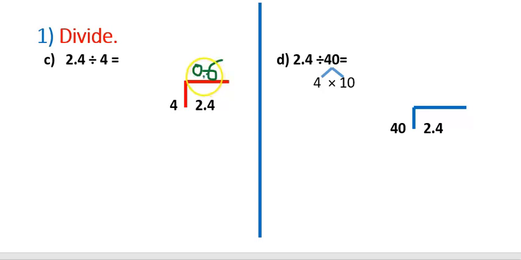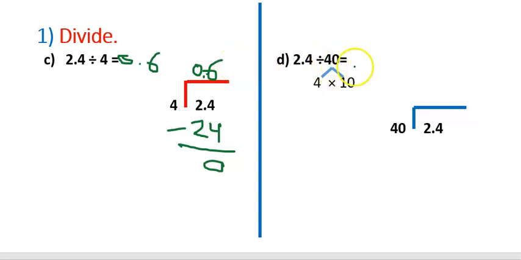I have a decimal point right here. So 6 times 4 is 24. Subtract, the answer is 0. So it's 0.6. I should write it down. 0.6.